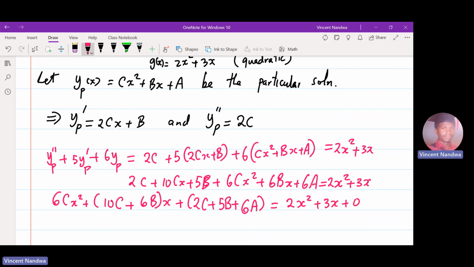You don't lose anything by saying plus 0. The reason I'm writing 0 on the right-hand side is to enable me do comparison of the coefficients with a lot of ease, so that constants I put together, the coefficient of x on the left-hand side and right-hand side, I equate them. Coefficient of x squared on left and right are also equated.